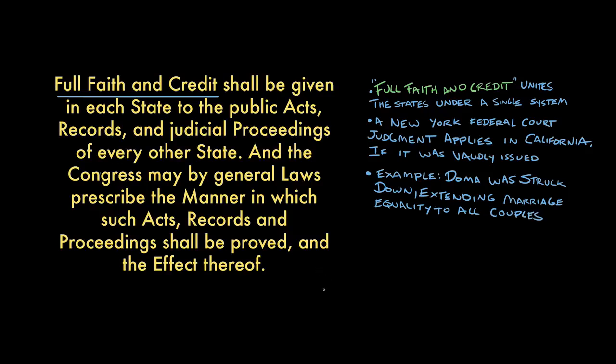You can see the kinds of problems that would exist if states didn't honor the legal decisions that were made by other states, such as who's married, or who's divorced, or who owns a particular piece of property, or whether a particular child is going to be in the custody of one parent rather than another.